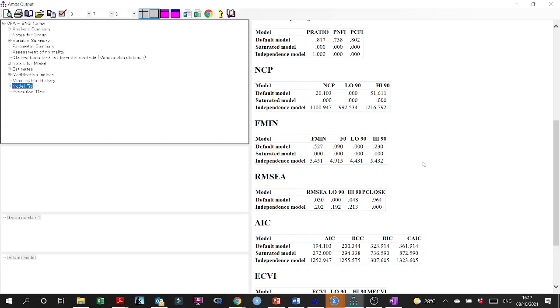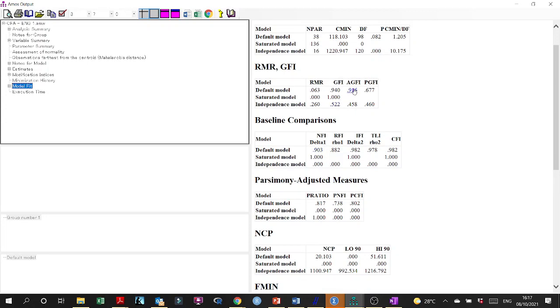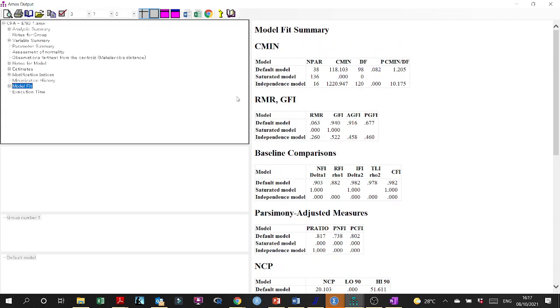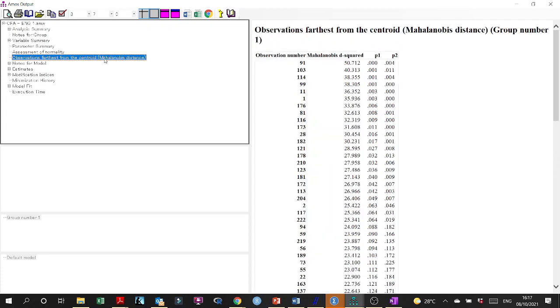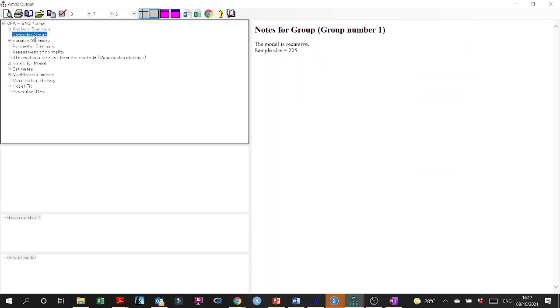Most importantly are these over here, over 0.95, very good. This is over 0.8, which is also good, and the adjusted is really good. Then we have all things nicely done. However, look at our assessment of normality, and these are the notes for the model.